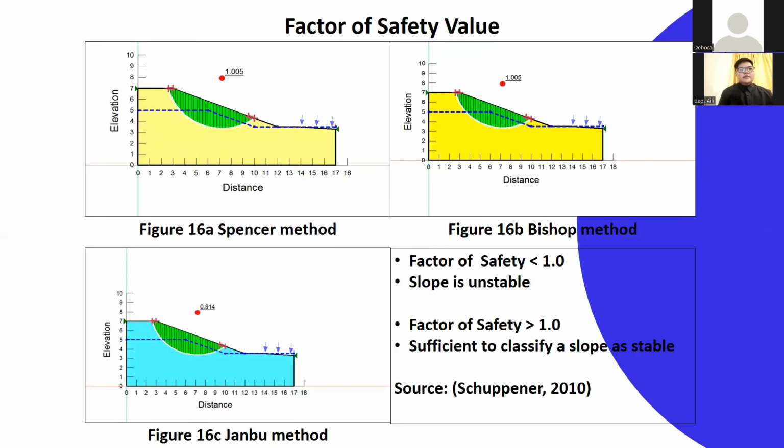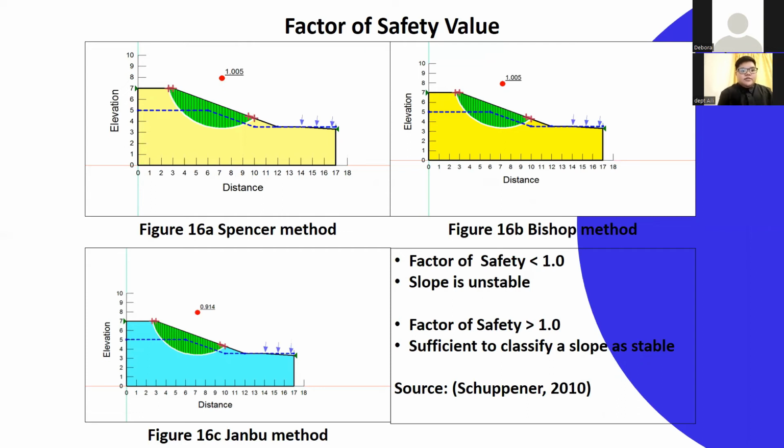Now, this is the factor of safety value. For the Spencer method, we obtain 1.005, and also a consistent FOS value for the Bishop method, which is also 1.005. However, for the Janbu method, we obtain 0.914.